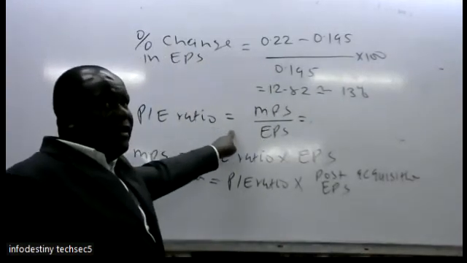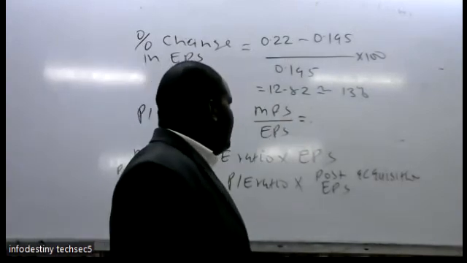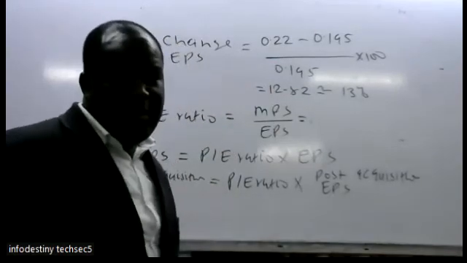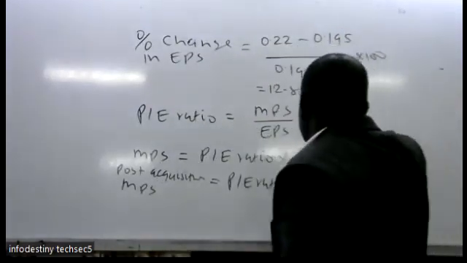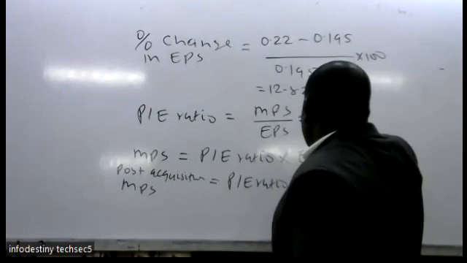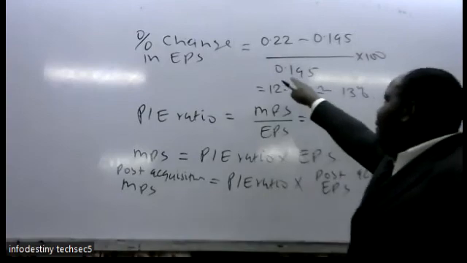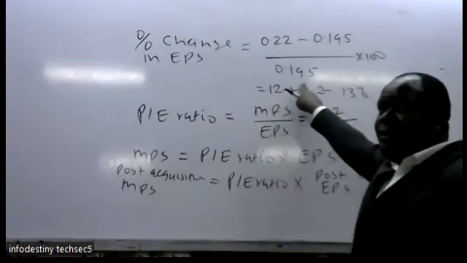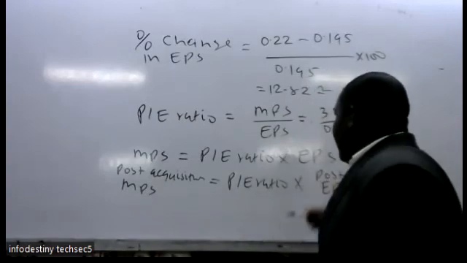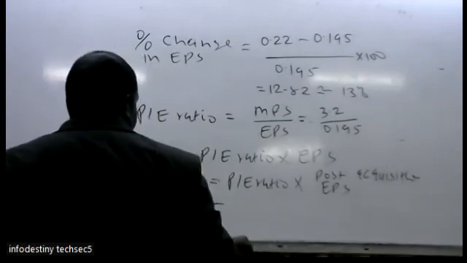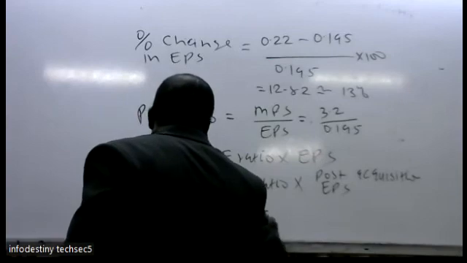So before the merger, we are on Water Limited. What was the market price per share for Water Limited? Under Water Limited, market price per share is given. It is 3.2. Then remember earning per share of Water before the merger was 0.195. So I just use it directly at that point. 3.2 divided by 0.195.